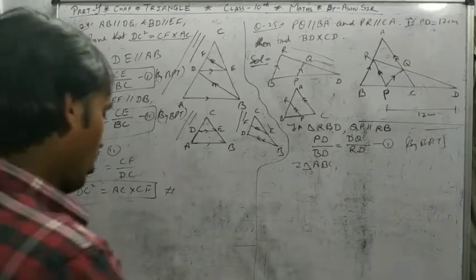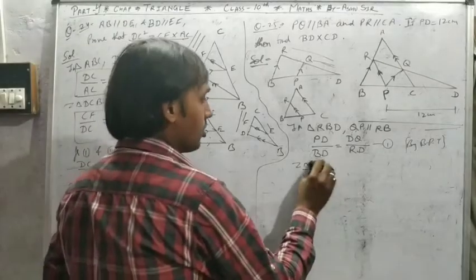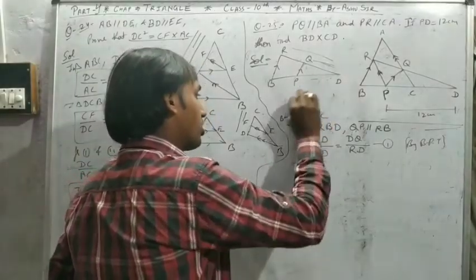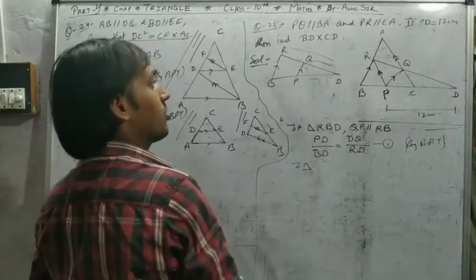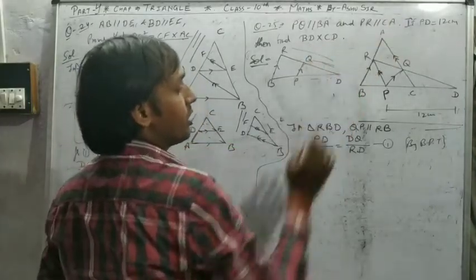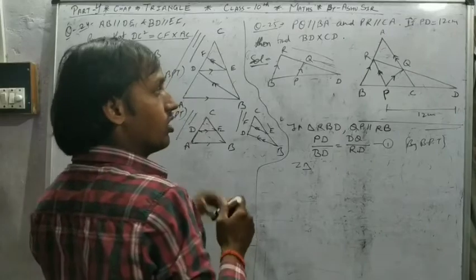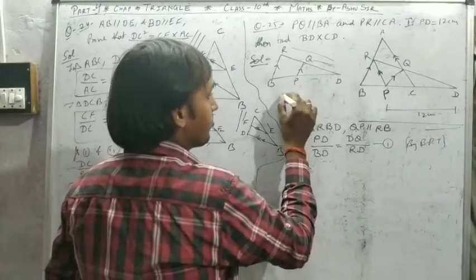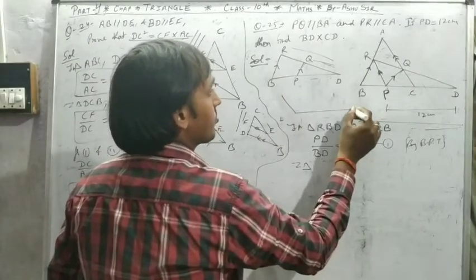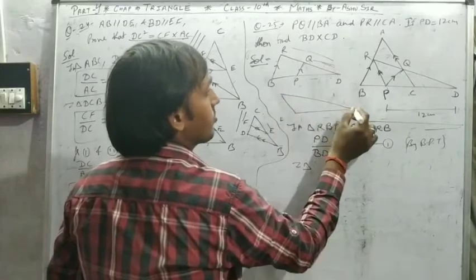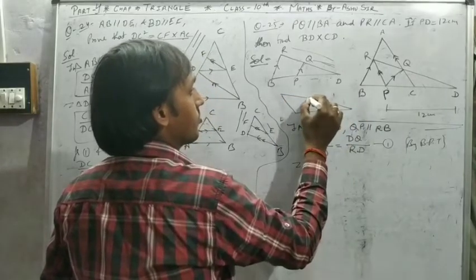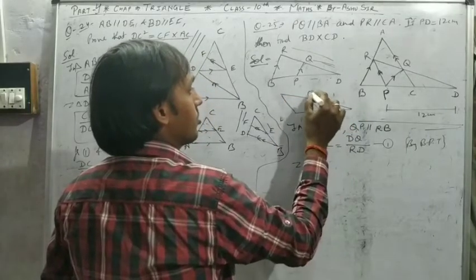So this third triangle, we do not take this triangle, because we want BD, CD and PD is not in this triangle ABC, and we take triangle CQ.